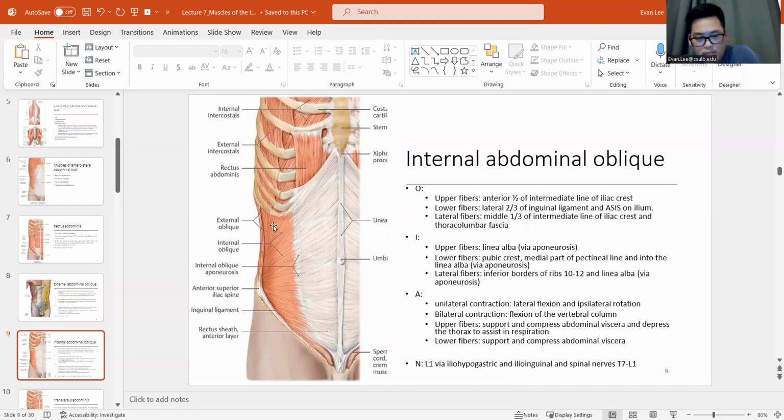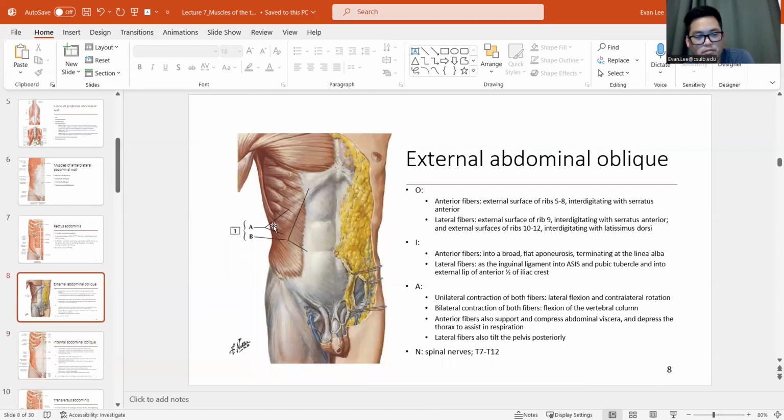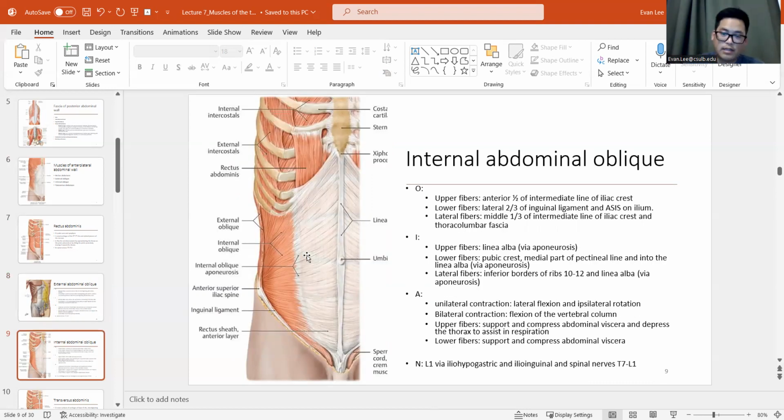Now the internal obliques, I want you to look closely, because when you look at this very briefly or without detail, it looks like it could be any of the abdominal muscles. But if you go between these two slides, you'll notice there's a pretty big difference. The external oblique has the muscle fibers going downward and inwards to form that V shape. The internal oblique actually has a few different orientations of its fibers, mostly diagonally upwards, and then across.